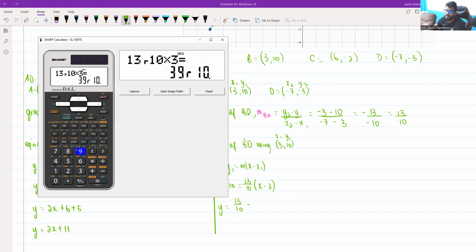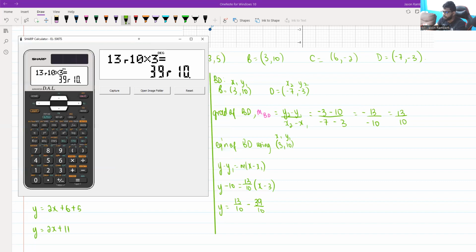Change it to an improper fraction, 39 over 10. So that is minus 39 over 10. And move the 10 across, it becomes plus 10. And again, go in your calculator: 13 over 10 x minus 39 over 10 plus 10, 61.